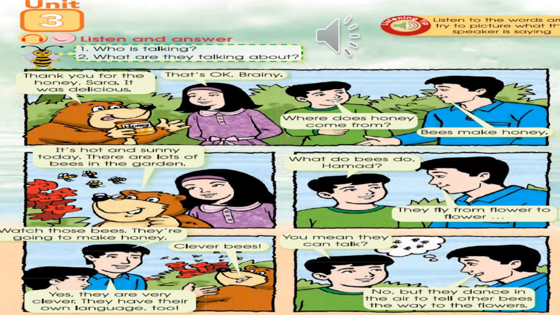Listen and answer. Thank you for the honey, Sarah. It was delicious. That's okay, Brainy. Where does honey come from? Bees make honey. It's hot and sunny today. There are lots of bees in the garden. What do bees do, Hamad? They fly from flower to flower.